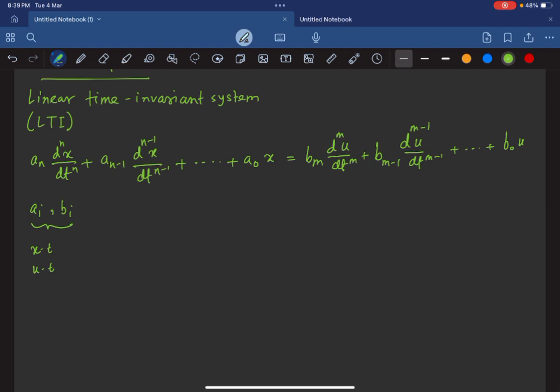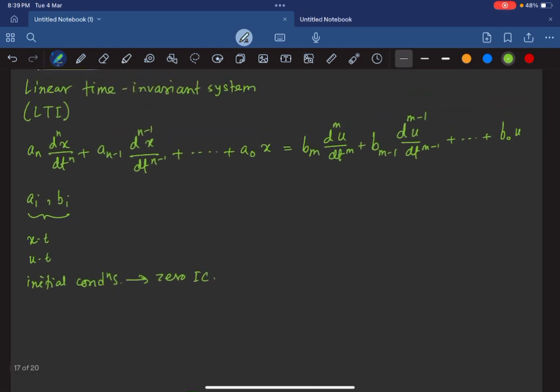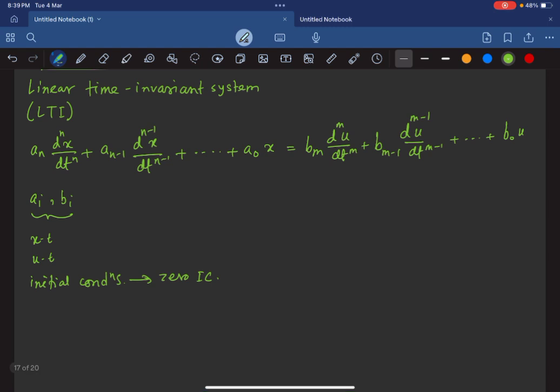Here, if you have this type of scenario with zero initial conditions, then you have a linear time invariant system. So basically at the initial point, that means at t equals 0, all the values concerning x and u and their respective derivatives are all 0. So in that case you have the LTI system.